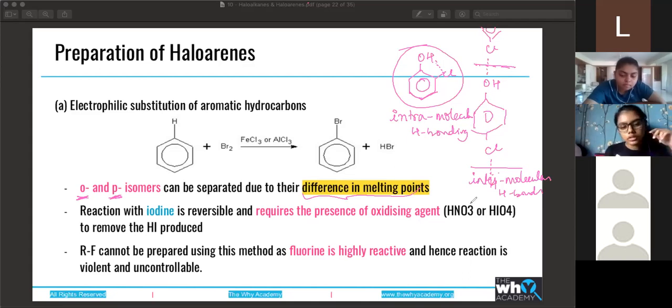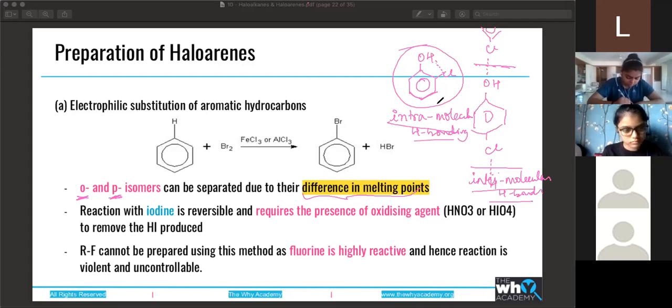Ma'am, could you give a statement explaining how one can separate ortho and para based on melting point? It is due to their melting points, and if you have to elaborate on it, just mention the words intramolecular and intermolecular.